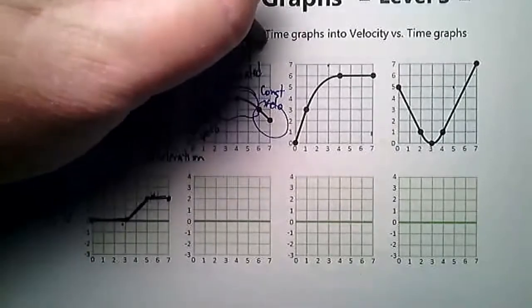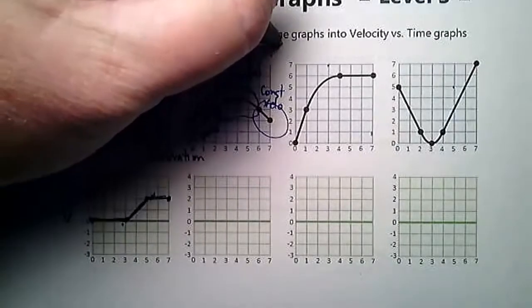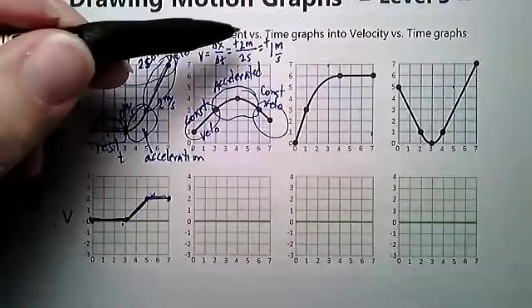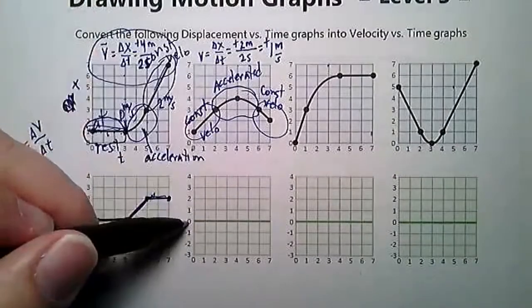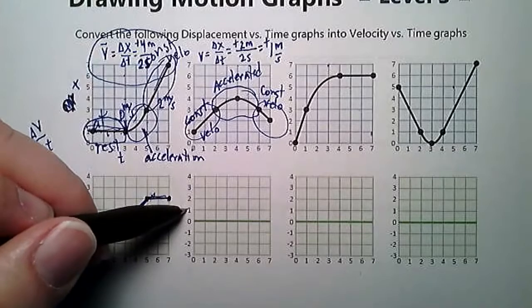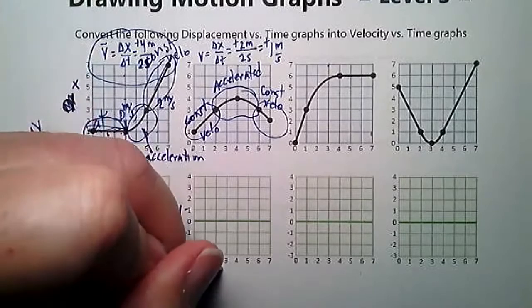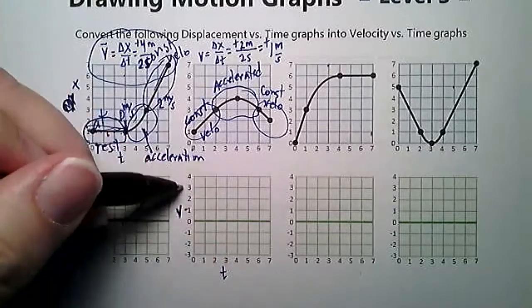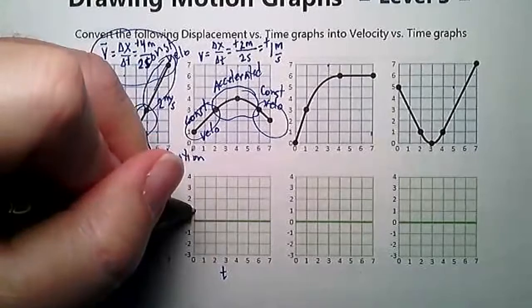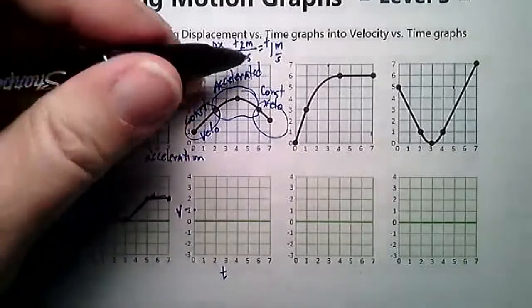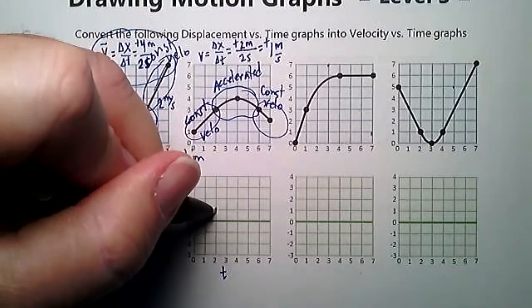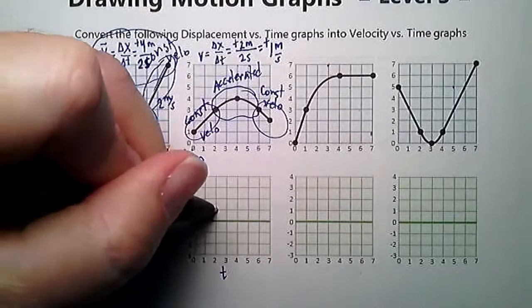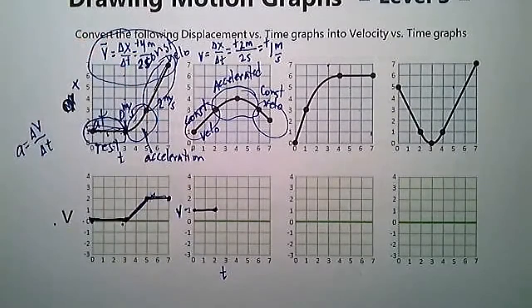So again, very rough math, this is 1 meter per second is my velocity during those first 2 seconds. I'm going to find positive 1 meter per second right here. Remember, this is v versus t, so this is meters per second. We were at 1 meter per second for the first 2 seconds, so it's just going to be a nice horizontal line that does this.